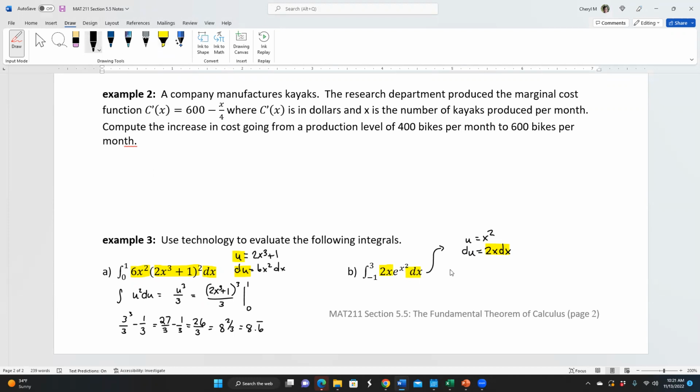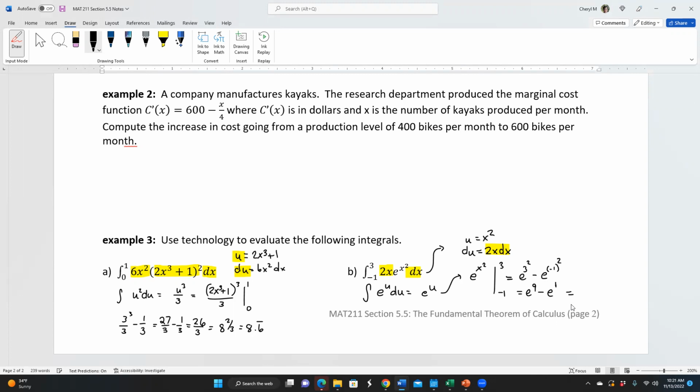So if we integrate this, we'd be integrating just e to the u, which becomes e to the u. And our u, of course, is the x squared. So we're going to have e to the x squared that we're integrating from -1 to 3. This will become e to the 3 squared minus e to the (-1) squared, which is e to the 9th minus e to the 1st.